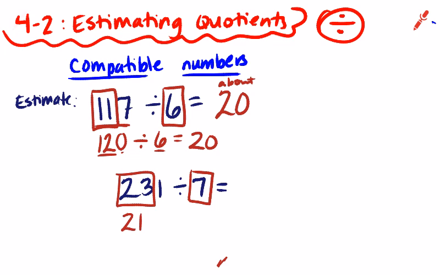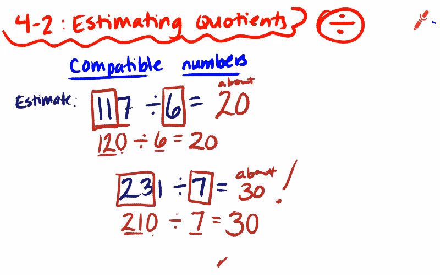But again, it's a 3-digit number, so you have to add your 0. 210 divided by 7. Look at your 21 and 7. 21 divided by 7 is 3, and then you have a 0 there, so you add a 0 here. So 231 divided by 7 is going to be about 30. Hopefully that made sense to you.